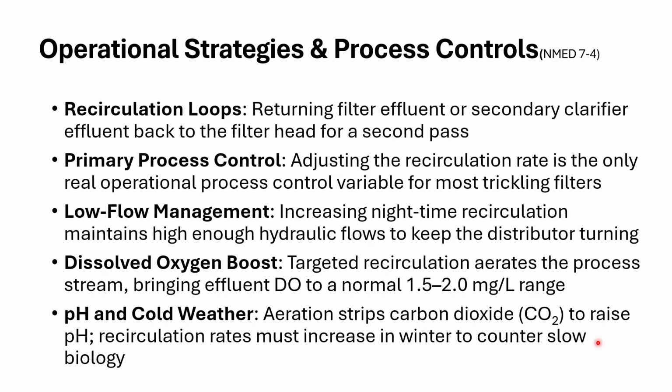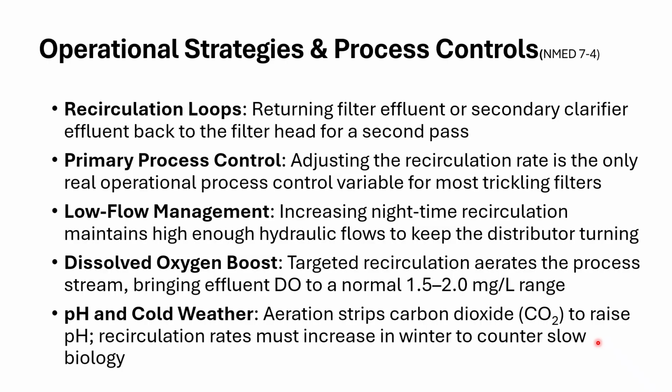So if our pH is falling below 7 and it's heading towards 6 or what have you, so it's more acidic, we can aerate or increase our recirculation rate so that we're aerating that wastewater more. And by aerating it, we're going to get rid of the carbon dioxide.